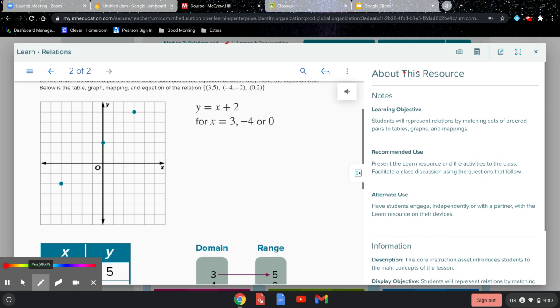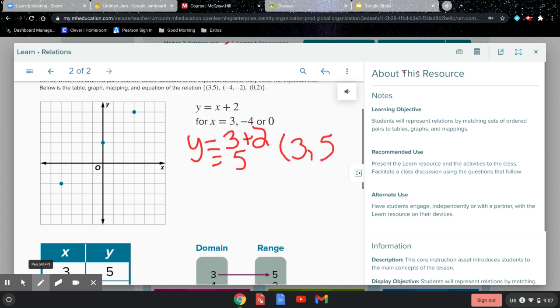So it's giving us x values, our domain, and to find our y values, all you do is plug in that x for it. So if I want to find out what my range is when my domain is 3, I plug in my domain and I solve. I'll get y equals 5. So my ordered pair for this one would be (3, 5), which we could see right there.